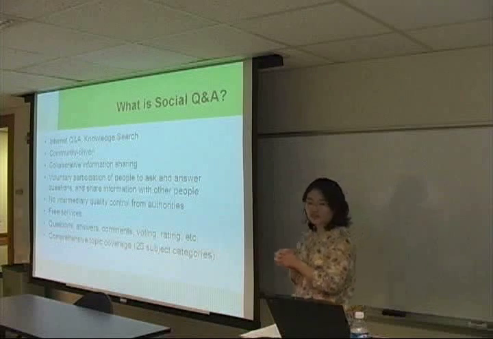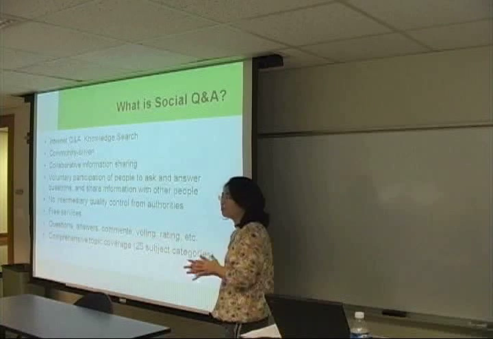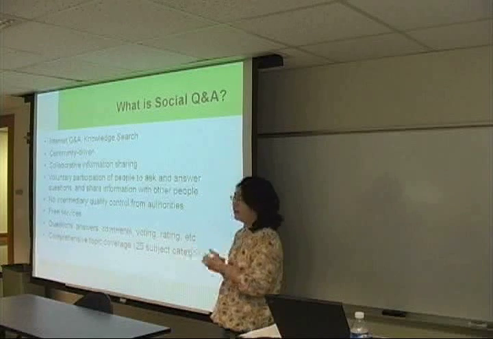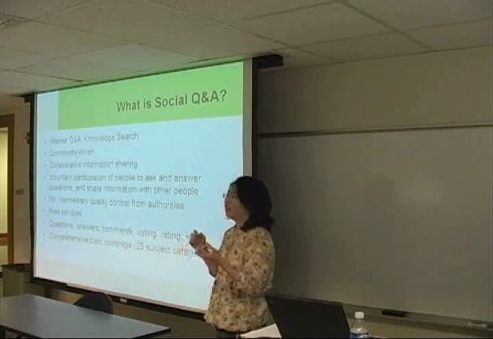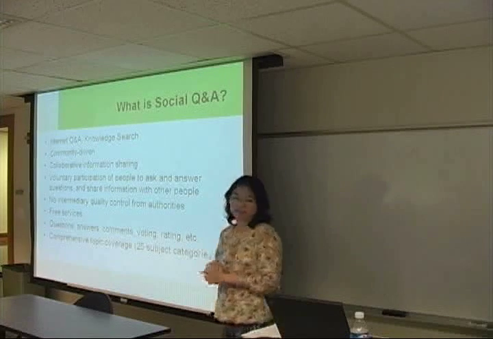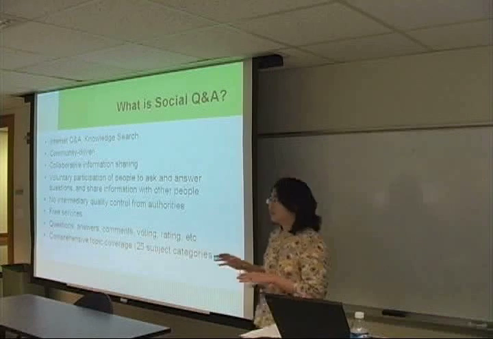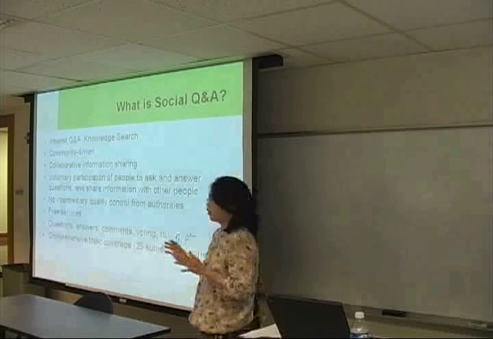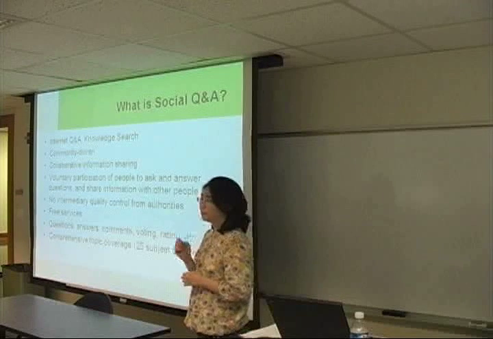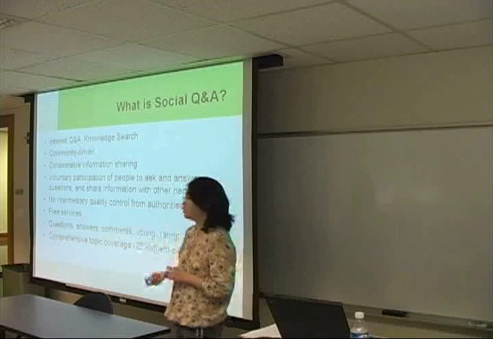And as I told you, it is composed of not only questions and answers, but there are a lot of variable kinds of activities like commenting, voting and rating, and we will see more details in the following slides. The topics in Yahoo Answers are quite comprehensive, from very minor personal problems to school projects or business problems.